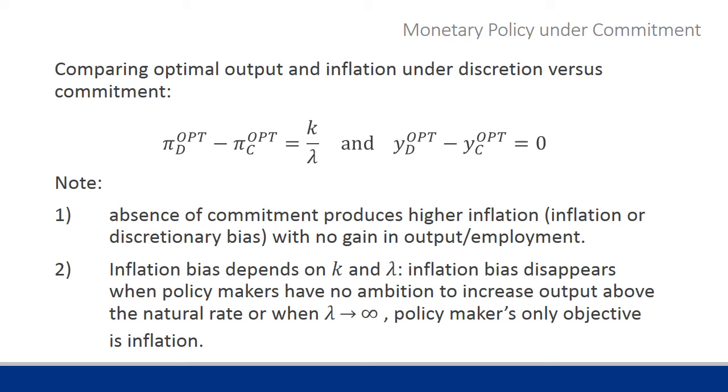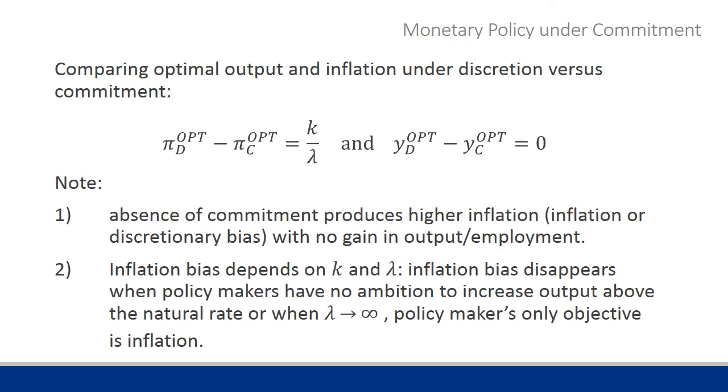Something we call the inflation bias is the bias that comes from allowing policymakers to choose policy after agents have formed expectations. This inflation bias depends on k and lambda.